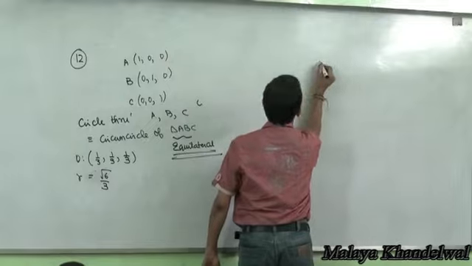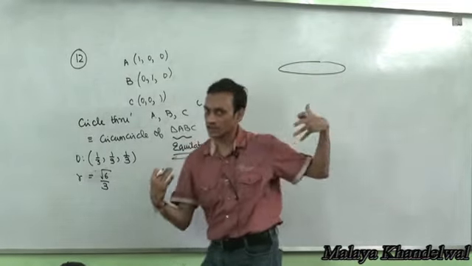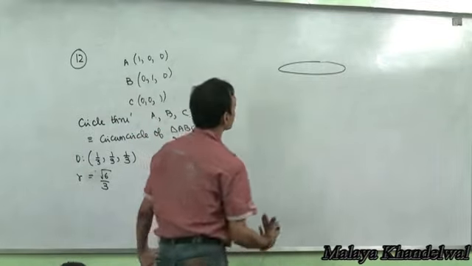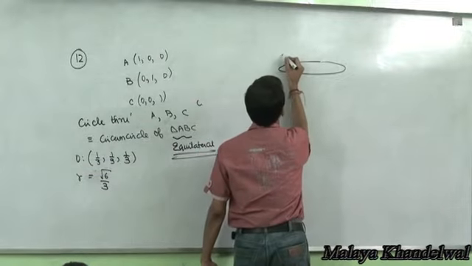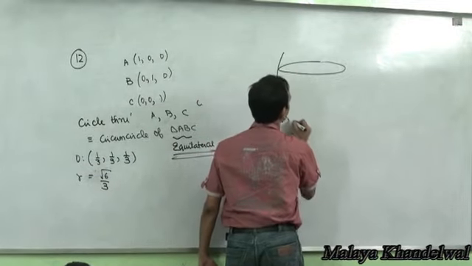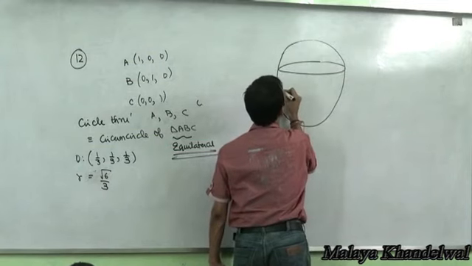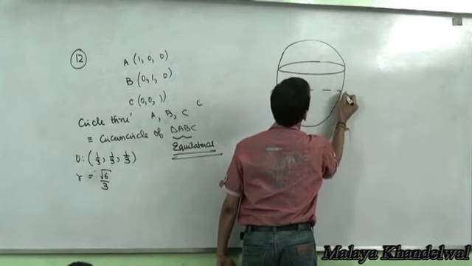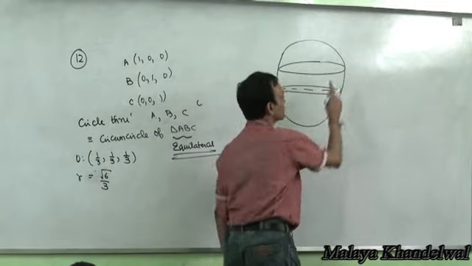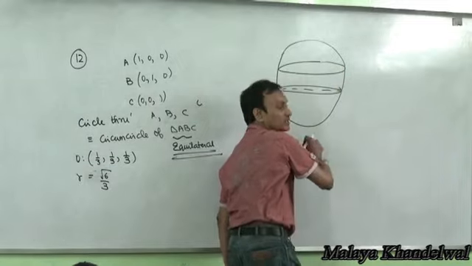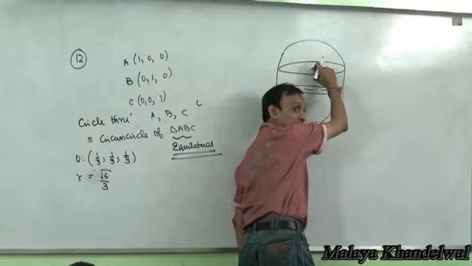Let's say this is a circle, the one passing through A, B and C. Realize that one way to construct a sphere is like this. Yes or no? With this being the equatorial plane. This is one of the spheres in which the equatorial plane is at a distance from the circle, right?